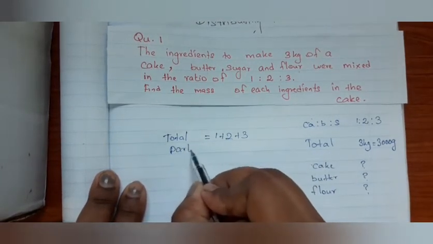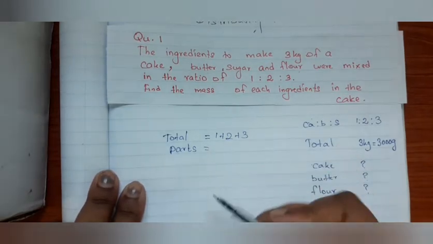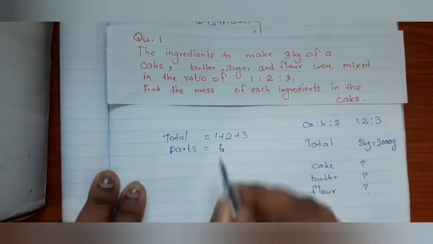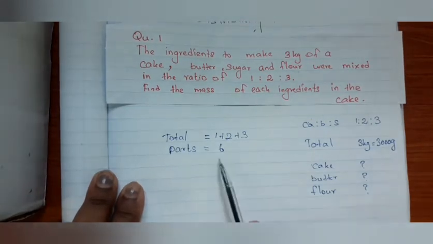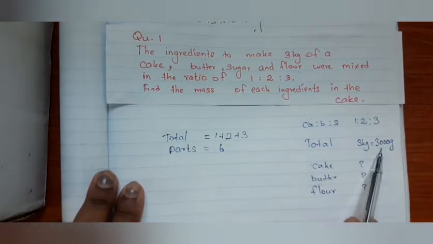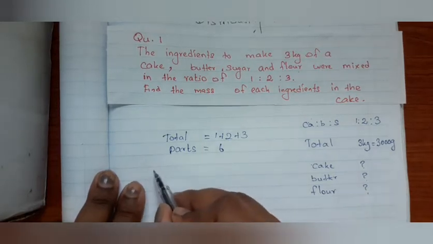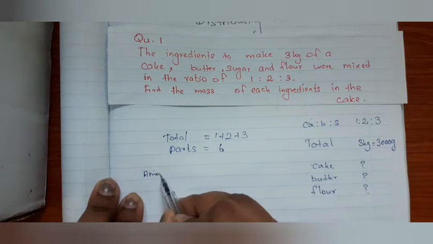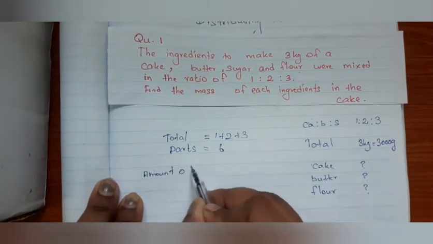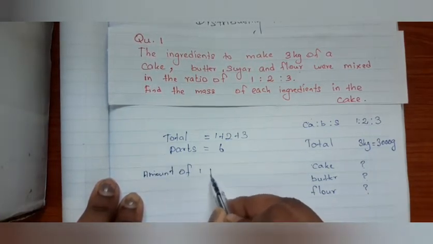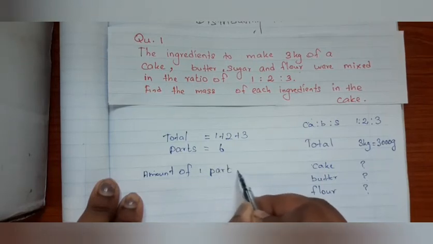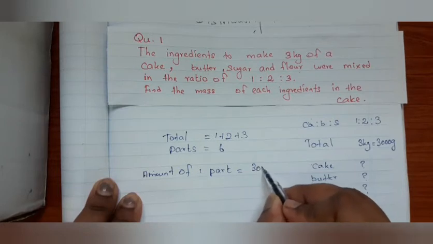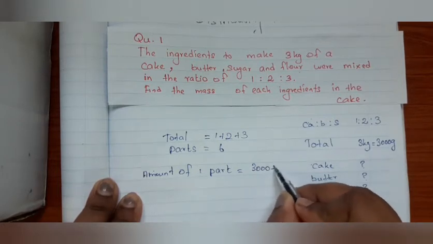Total parts equals 1 plus 2 plus 3, which is 6. So the 6 parts belong to 3000 grams. We are going to find the amount of one part. So you divide 3000 by 6.